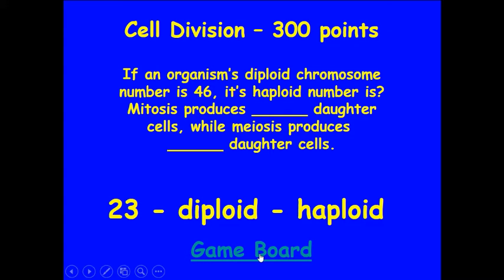Okay, so remember, diploid is double, haploid's half, so the haploid number would be 23 chromosomes. Of course, mitosis produces diploid daughter cells. That makes sense because body cells need all of the instructions to do whatever that body cell needs to do. Haploid comes from meiosis, and that also makes sense because you're going to get half of the chromosome number in the sperm cells from the father.